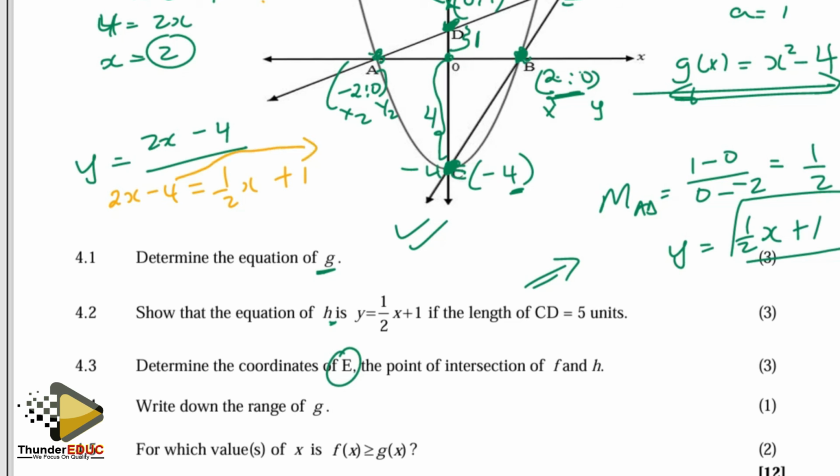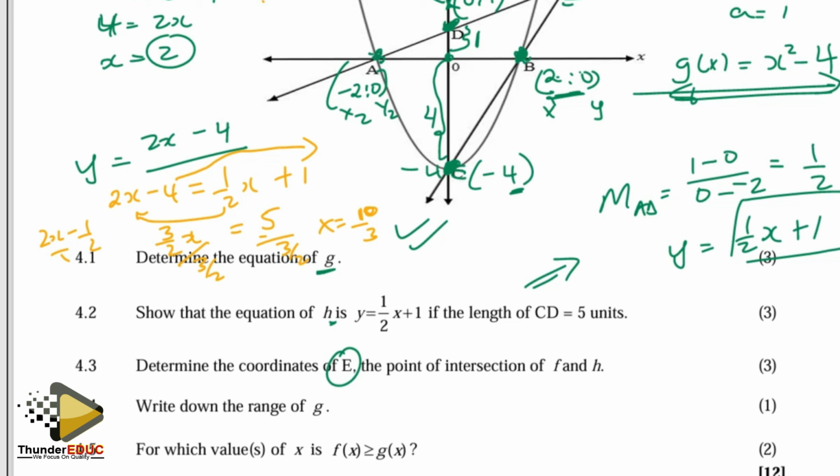Move the 4 this side, move the half that side. So 2x minus a half, that's going to give me 3 over 2 x is equal to 5. Divide through by 3 over 2. Then which means my x is 10 over 3.